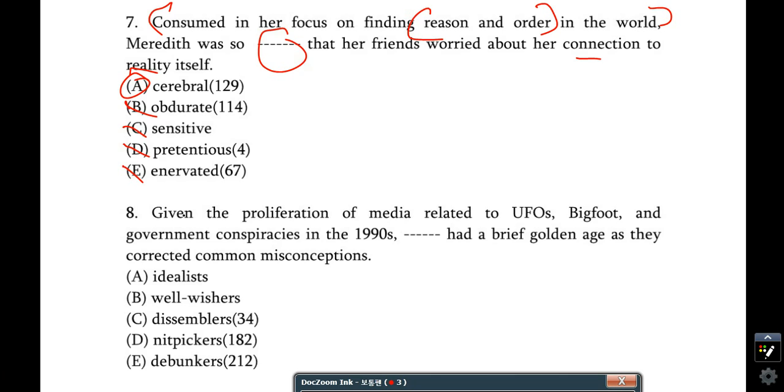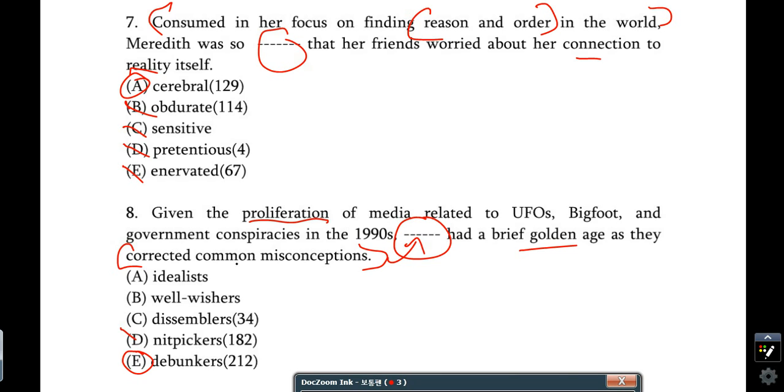Number 8, given the proliferation, or spread, of media related to UFOs, Bigfoots, and government conspiracies in the 1990s, somebody had a brief golden age as they corrected common misconceptions. So the blank is people who correct common misconceptions. And that's the definition of a debunker, someone who proves that something is wrong. A nitpicker finds fault, so that wouldn't work.